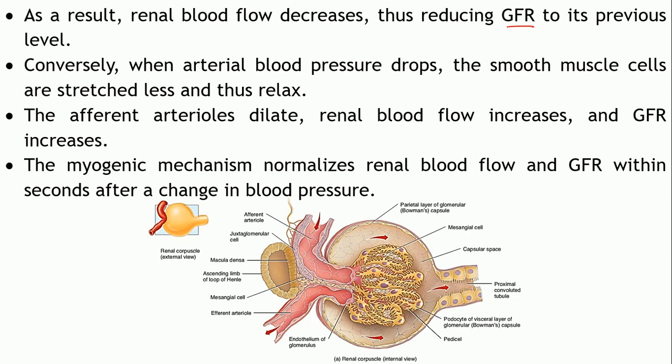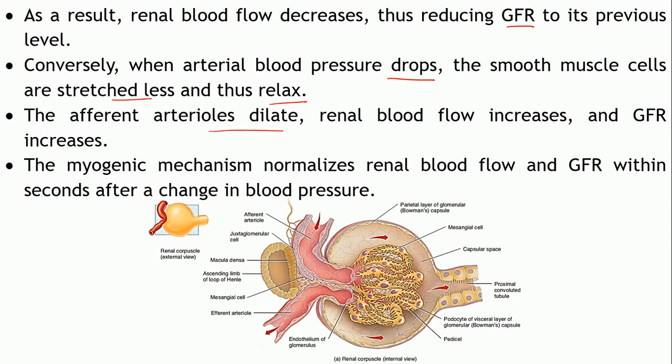Now the opposite thing will happen when the arterial blood pressure drops. The smooth muscles are stretched less because of the drop in the pressure, so they will relax. So as a result of which, what will happen? The arterioles will dilate.